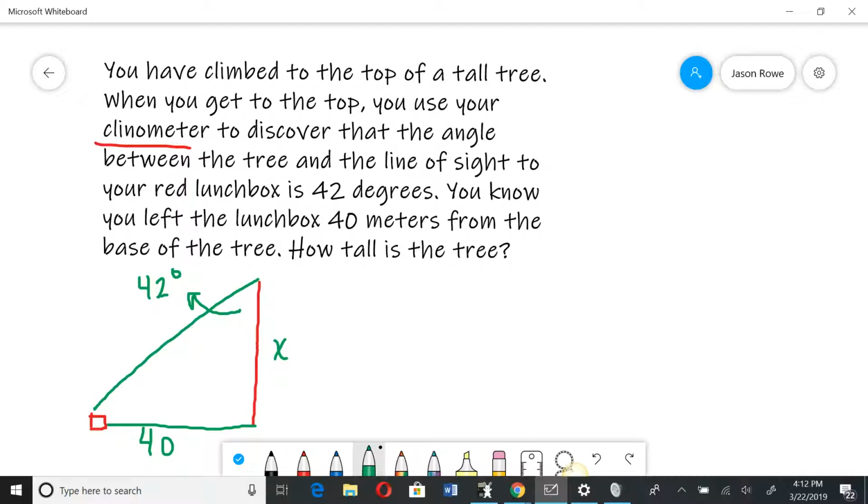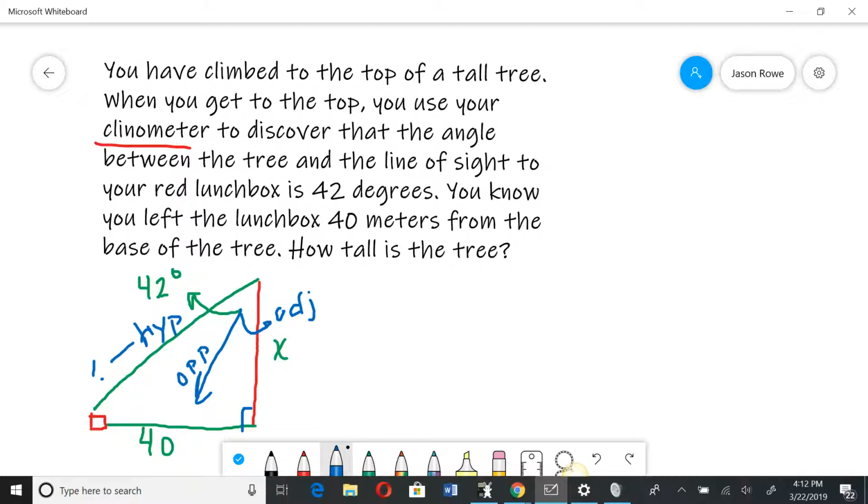So what we're going to do here is look at the ratios again. So again, this side would be the opposite side from that angle. The side that we're looking for is the adjacent side. Remember this side over here, just in case you don't remember, this is the hypotenuse because here's the right angle.